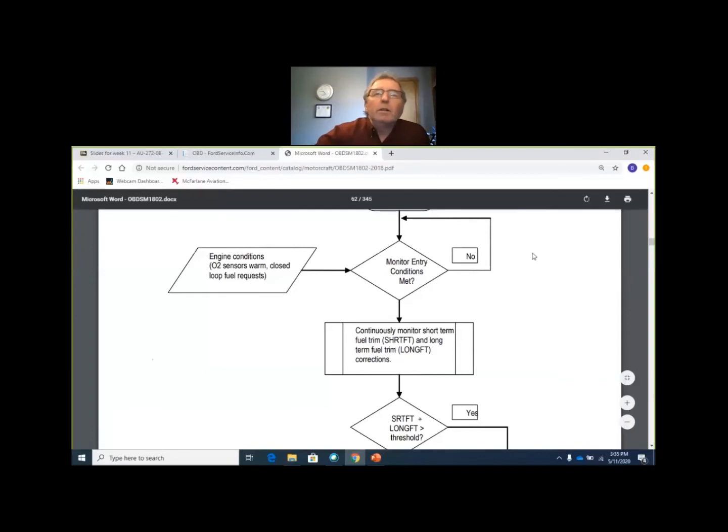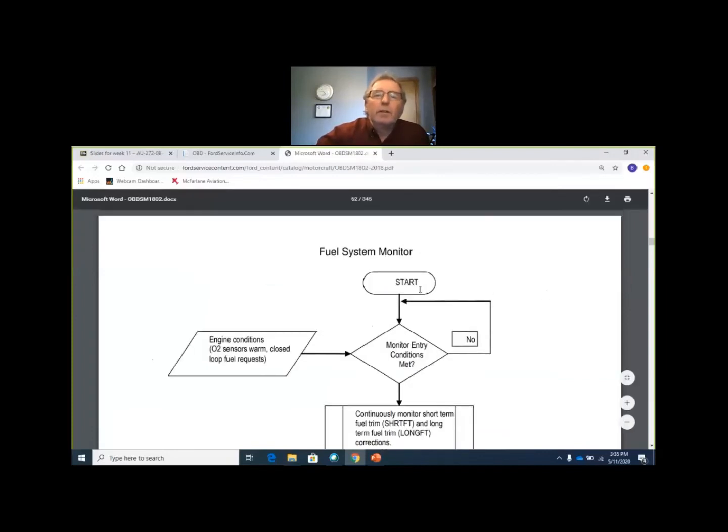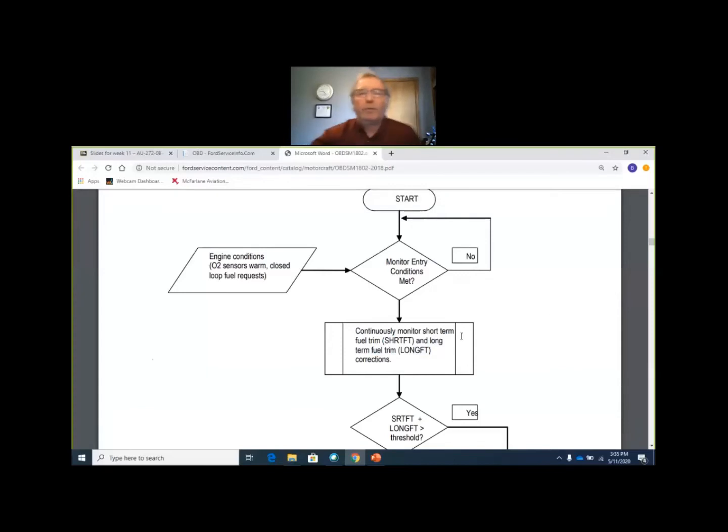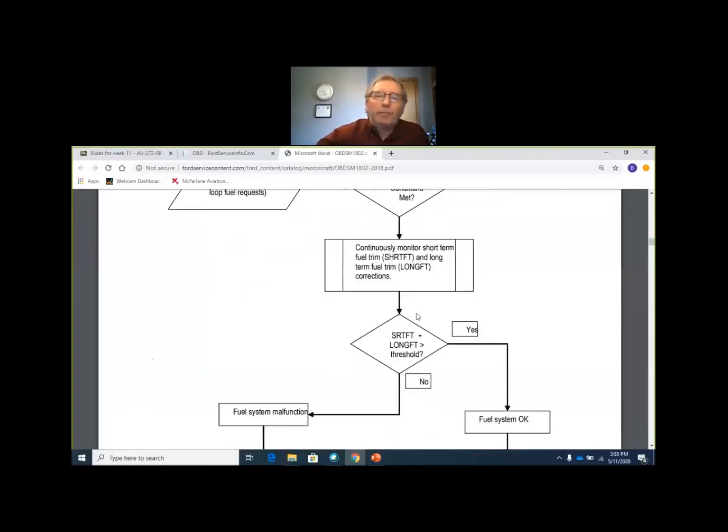So, here's the monitor. Start, are the monitor entry conditions met? Are we in closed loop with warm oxygen sensors? Yes, okay. Continuously monitor short-term and long-term fuel trim. So this is not just once per OBD2 trip or drive cycle, it's continuously monitoring it.